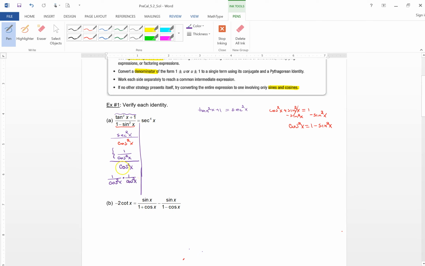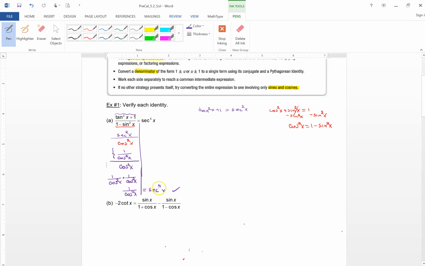So this divided by this is the fraction times the reciprocal. What I get here is 1 over cosine to the 4x, and this really, because 1 over cosine is secant, is secant to the 4x. So there we go. That's my identity.